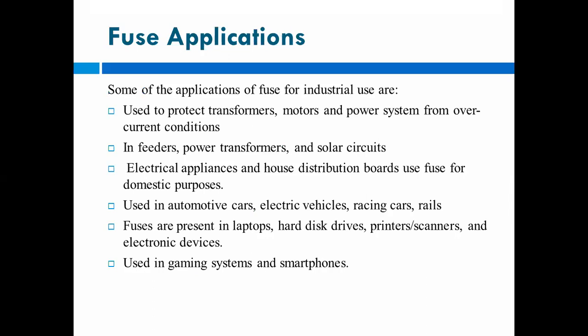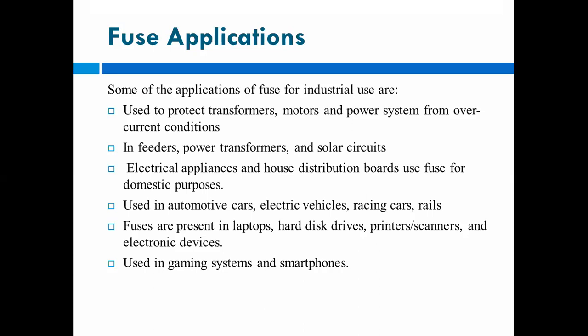Okay. Then fuse application. So in many equipments and in distribution also we are using these fuses. The applications are for protecting transformers, motors, and power systems from overcurrent. In feeders, power transformers, solar circuits, then electrical appliances, and house distribution boards, fuses are used for domestic purposes, right?